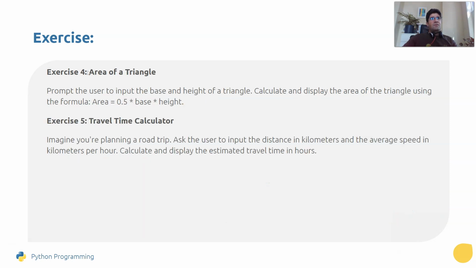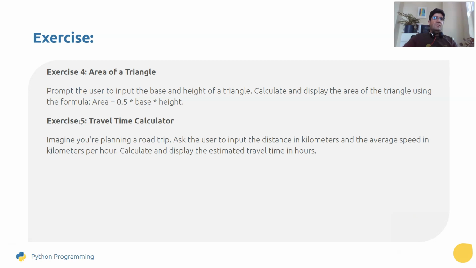And the fourth exercise is area of triangle. It's very easy. You need to prompt the user to input the base and height of the triangle, then calculate and display the triangle area using this formula. Area is equal to 0.5 times base times height.